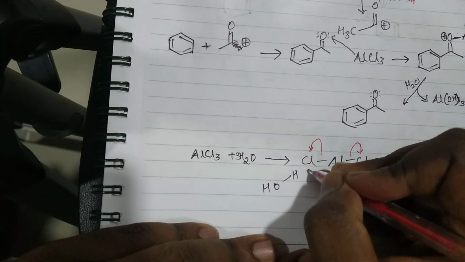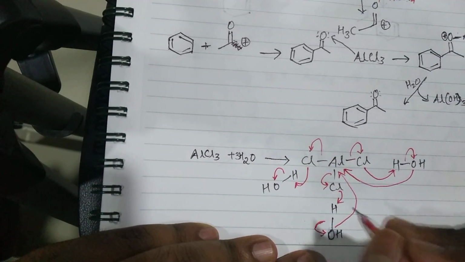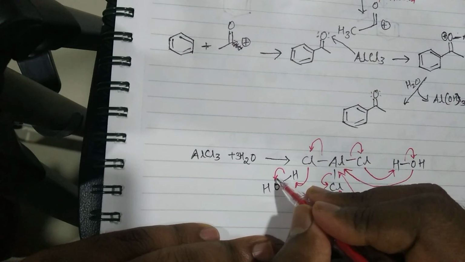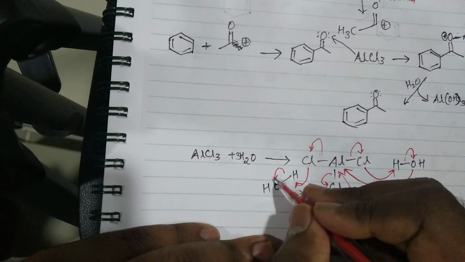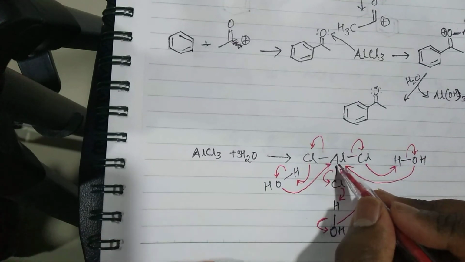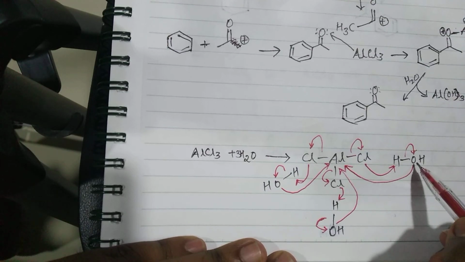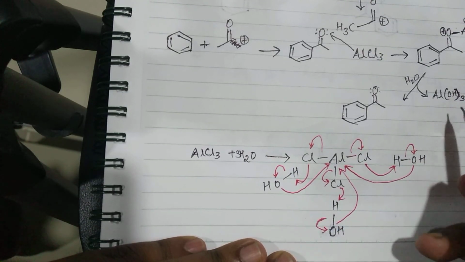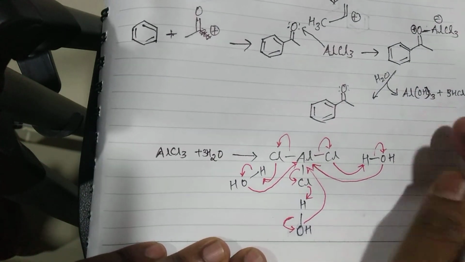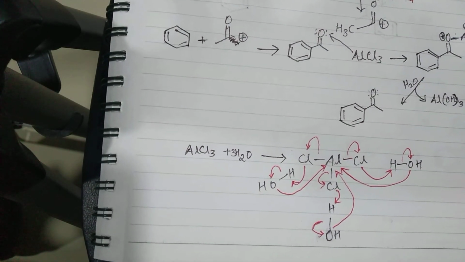Same story. As you can see, it's a double-edged arrow. A double-edged arrow means both the electrons are moving. So that's how you get aluminium hydroxide, Al(OH)3. The 3 OH groups come and sit here, and then you have 3 molecules of HCl released from this reaction mixture.